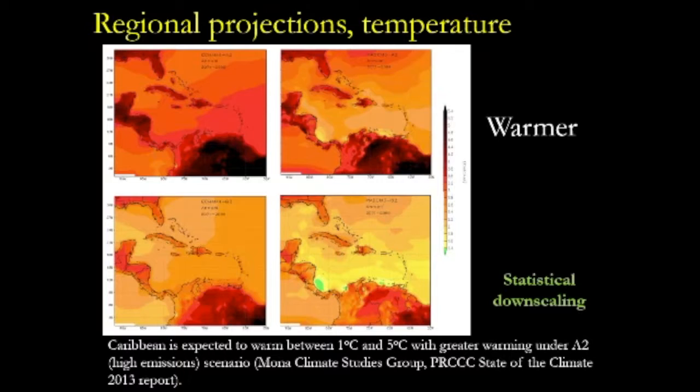One is the A2, which is a high emission scenario, very comparable to where we are currently in terms of the emissions. It's something that we could expect for Puerto Rico at around 4 degrees Celsius.